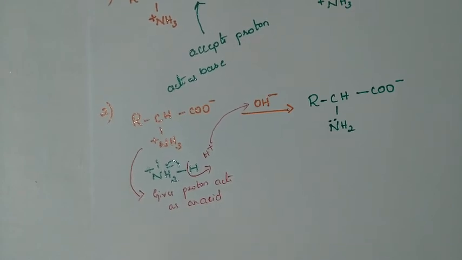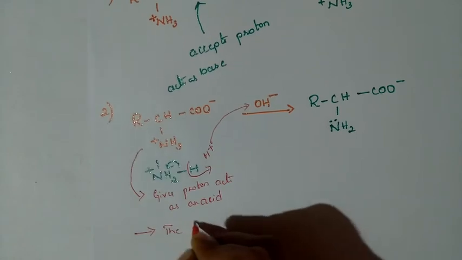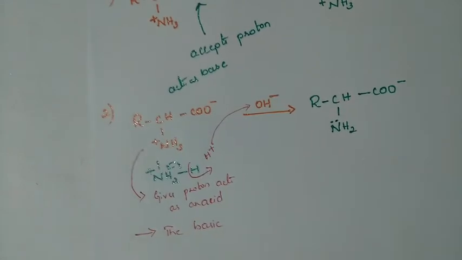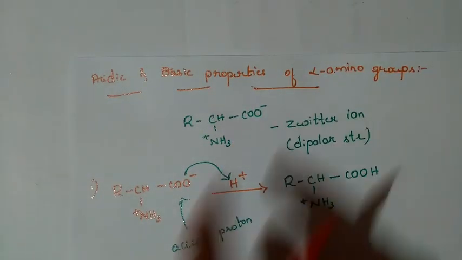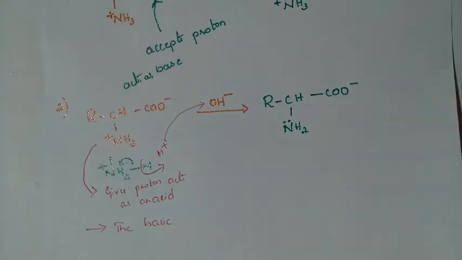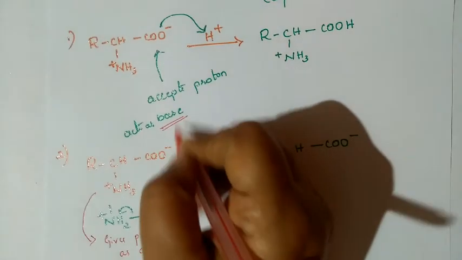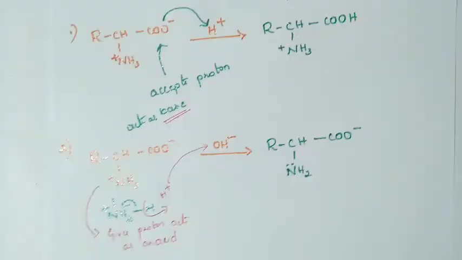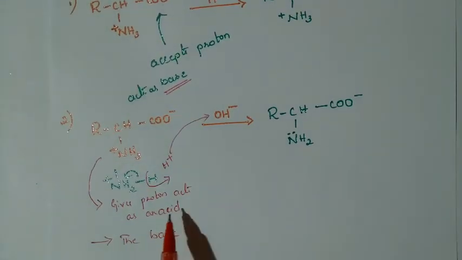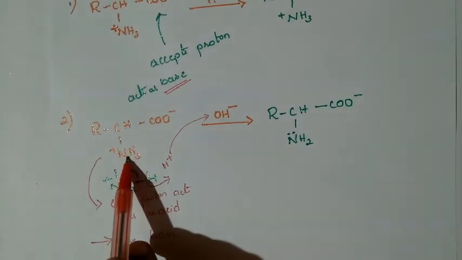Now we can conclude, as we are studying the acidic and basic properties: the basic property is due to what? It acts as a base, accepts a proton. The basic property is due to the COO minus group, and it acts as an acid, giving out a proton, due to the NH3 plus group.